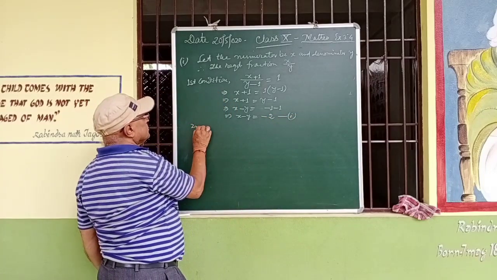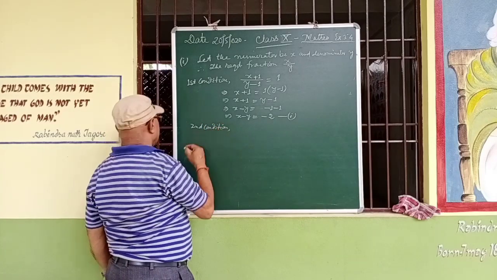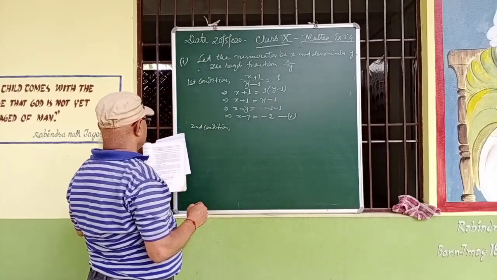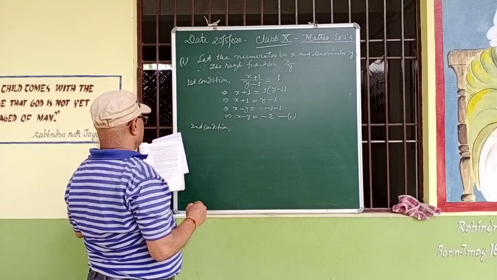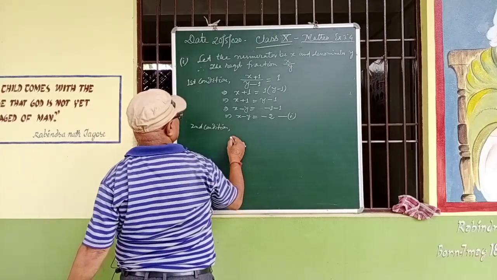Second condition, it is given that if we add 1 to the denominator, then the fraction becomes 1 by 2.